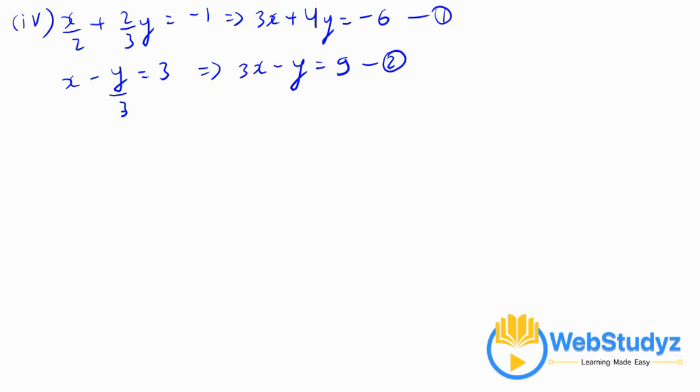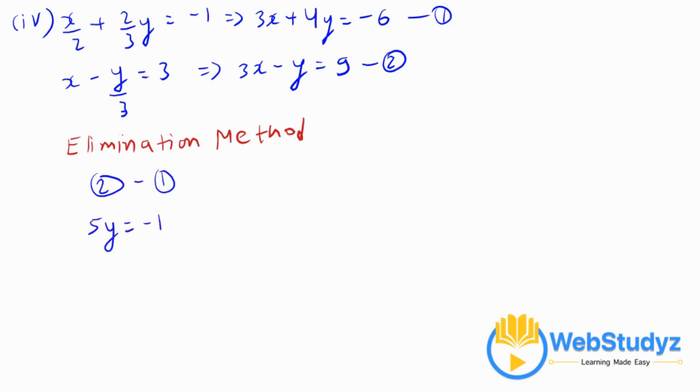Now again applying the elimination method. For this, if we subtract the first equation from the second, we get 5y equals minus 15. Now we get the value of y as minus 3.